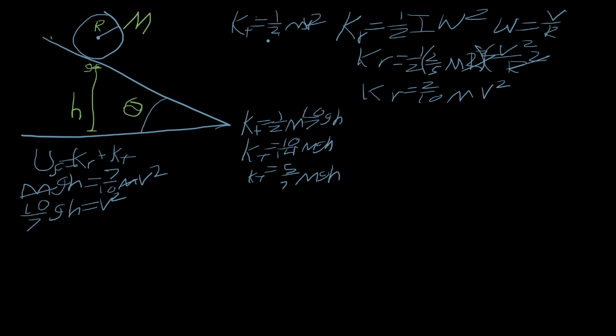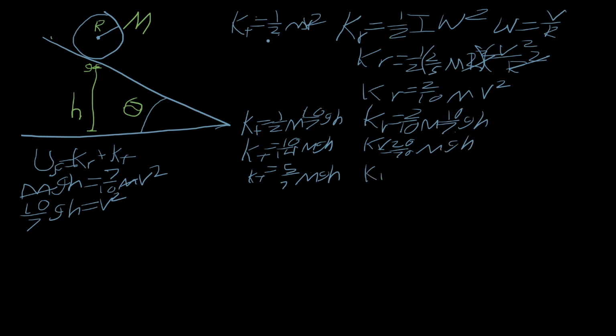Now we're going to find the rotational kinetic energy by substituting in our velocity squared, which is going to be mg, then we write 10 over 7 gh. And look at that, after we do this, it's going to give us 20 over 70, which is just going to be 2 over 7.